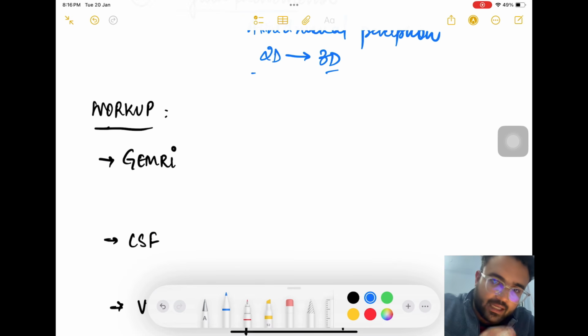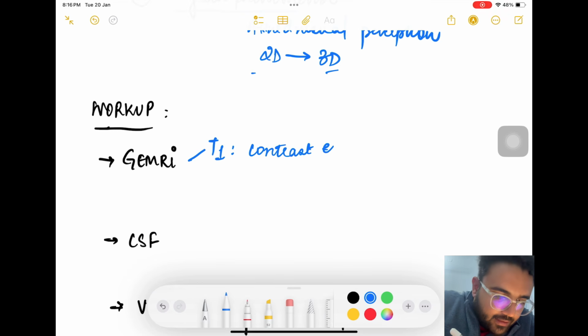Workup: gadolinium enhanced MRI. On T1 weighted image, you'll see contrast enhancement.